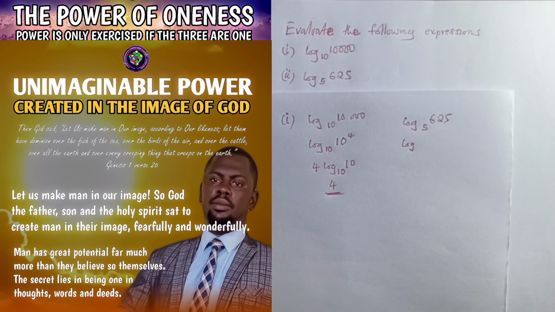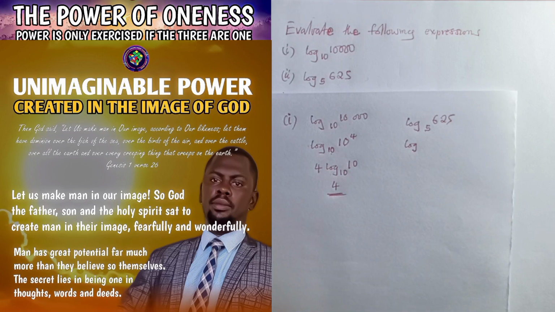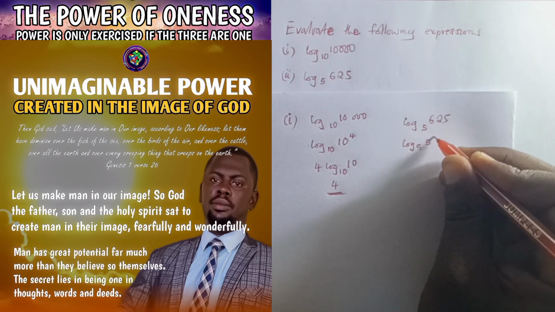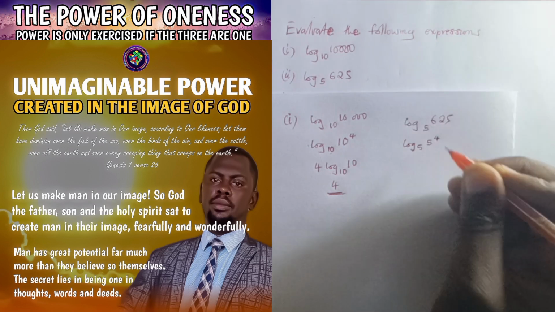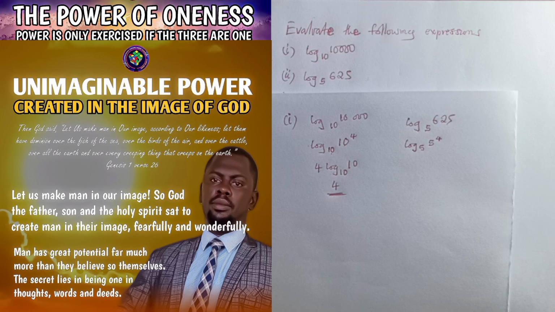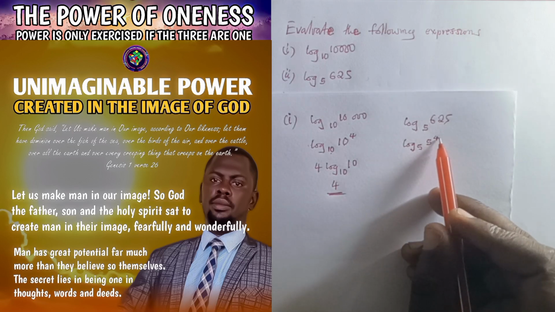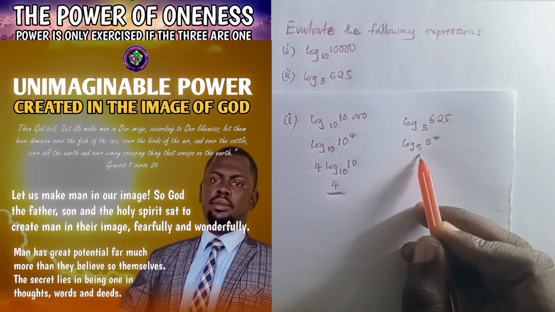So 5 times 5 is 25, times 5 you get 125, times 5 again you get 625. So that is 4, and we have 5 to the power 4, which is 625. So we have log of 5 to the power 4 base 5.